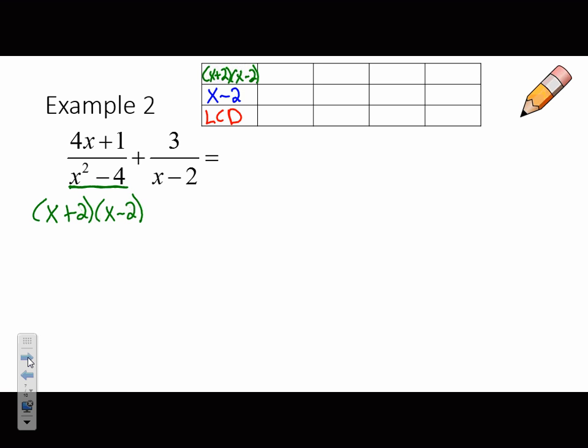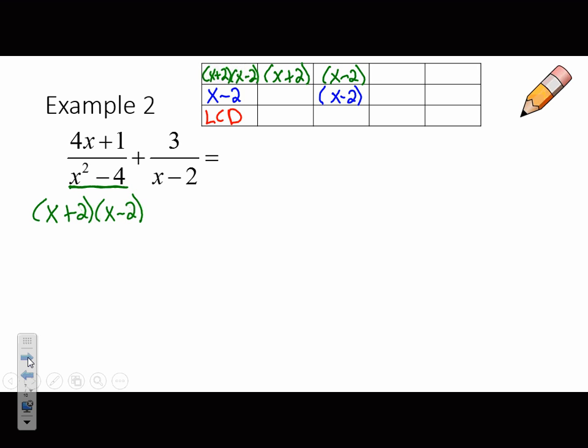So each factor has to go into its own box. So in the first one, my green, my first fraction, I have 2 factors. So I'm going to have x plus 2 and x minus 2. My second one, I just have 1 factor, and it's x minus 2. So it has to go under the same column as my x minus 2. There we go. Now there's no more.